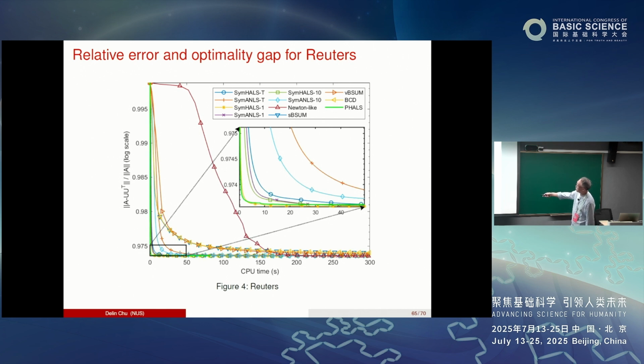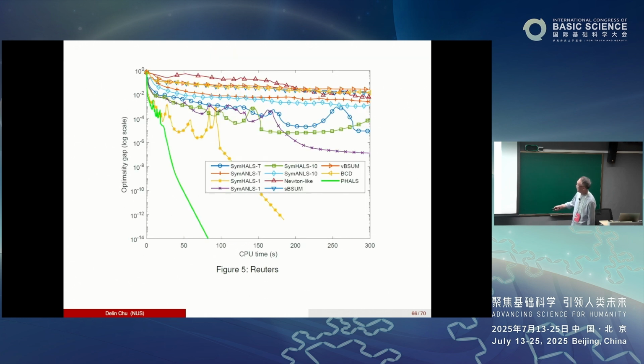This graph shows the results on this data set. This line is given by the new method. This is for the relative error with CPU time, and the optimal gap. Now we consider the optimal gap.